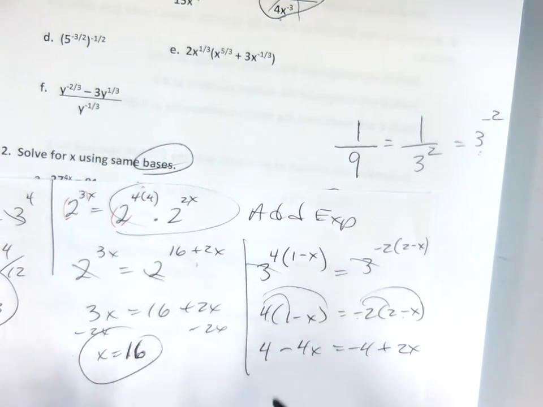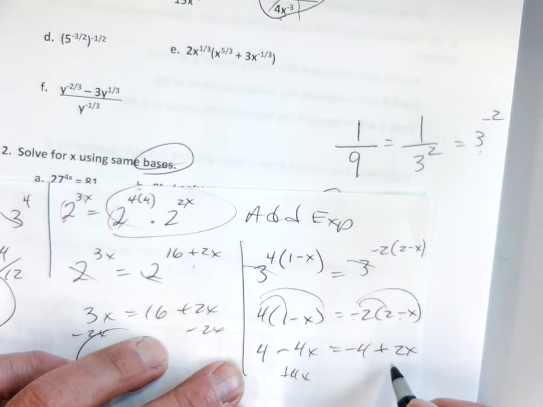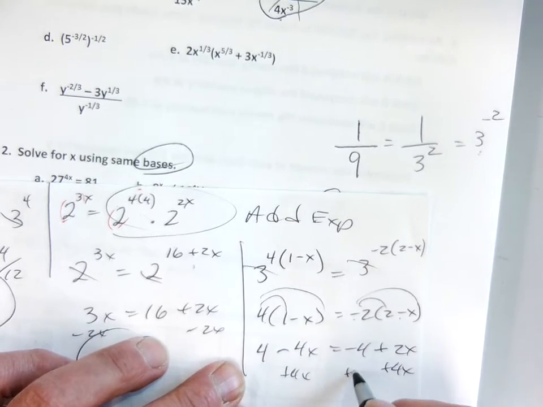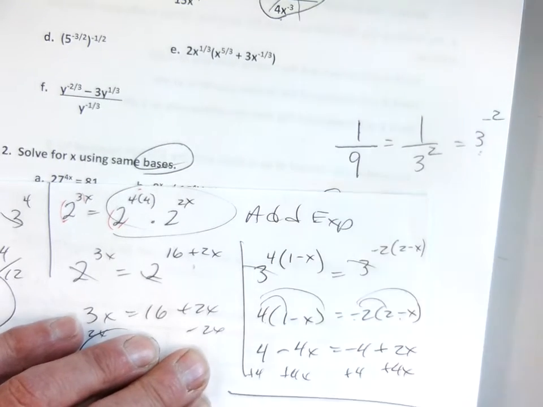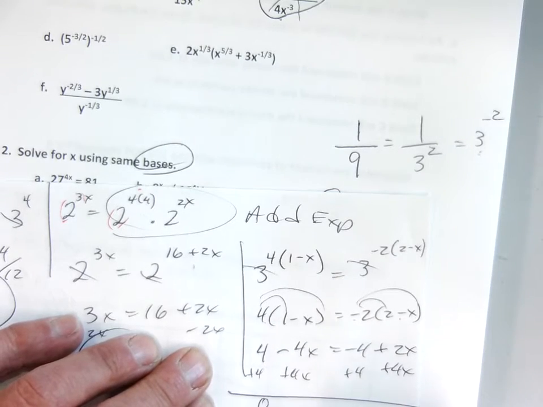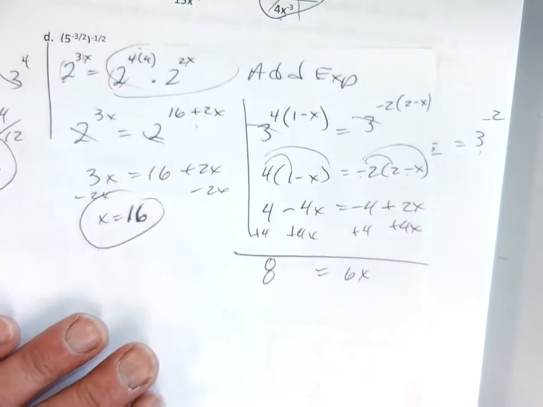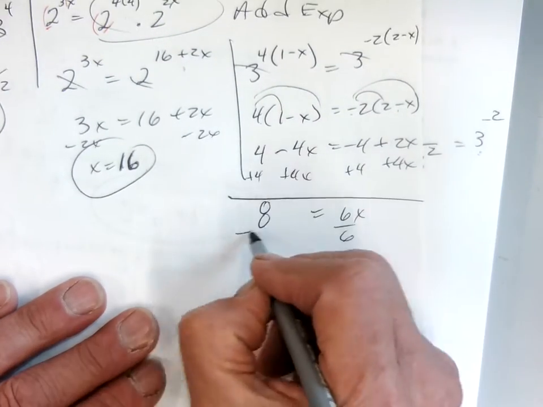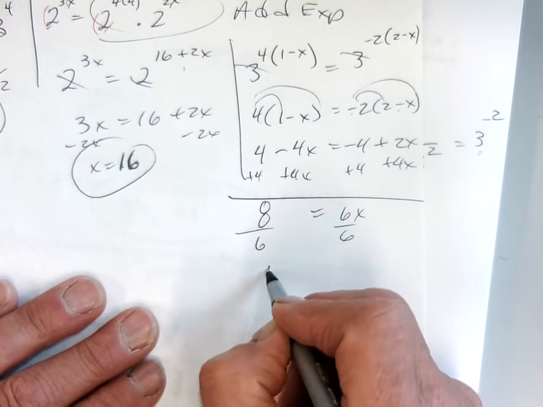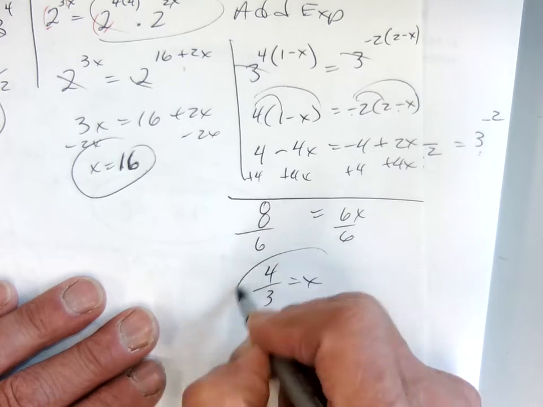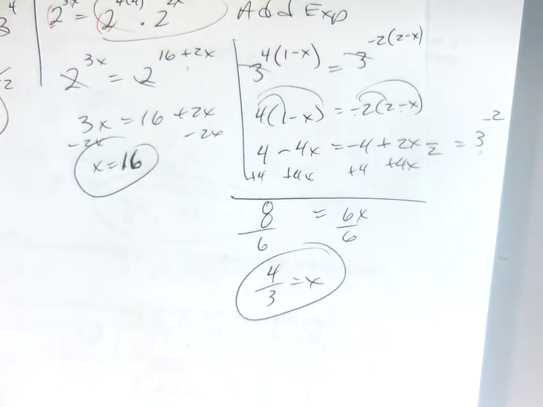I'm going to go plus 4x, plus 4x, plus 4, plus 4. So I've got 8 equals 6x. Divide by 6, and I think I get 4/3 when I reduce it. Okay, that was a little bit harder, but I have faith you can do it.